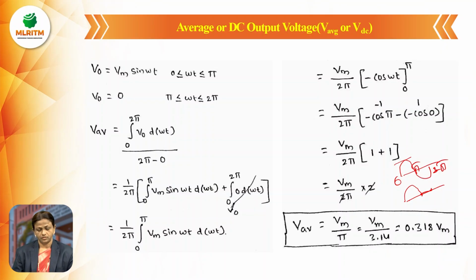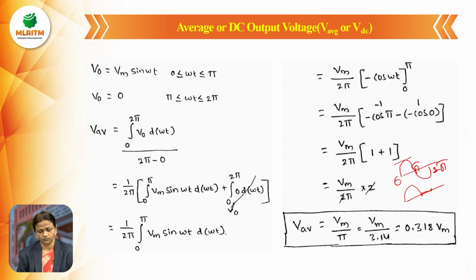Now how can you calculate the average value or VDC value? VDC or V average equal to the integral from 0 to 2 pi of V0 d omega t, divided by the upper limit minus the lower limit, 2 pi minus 0.